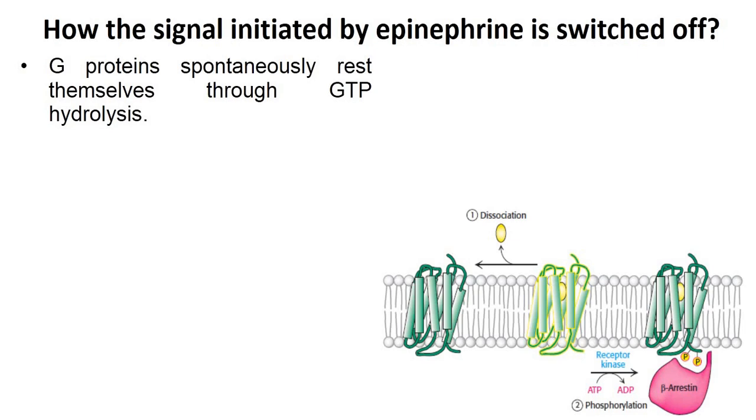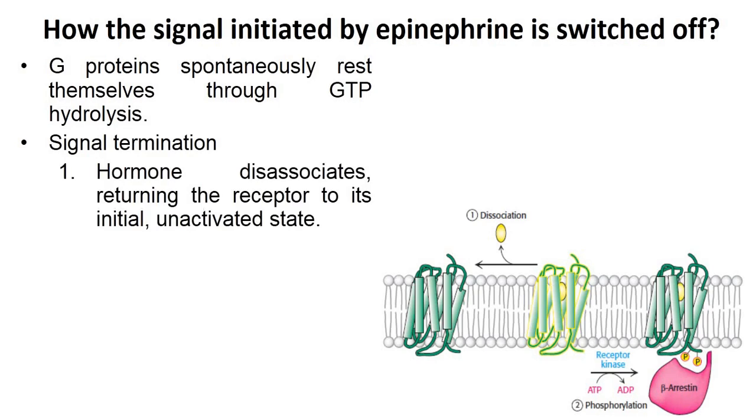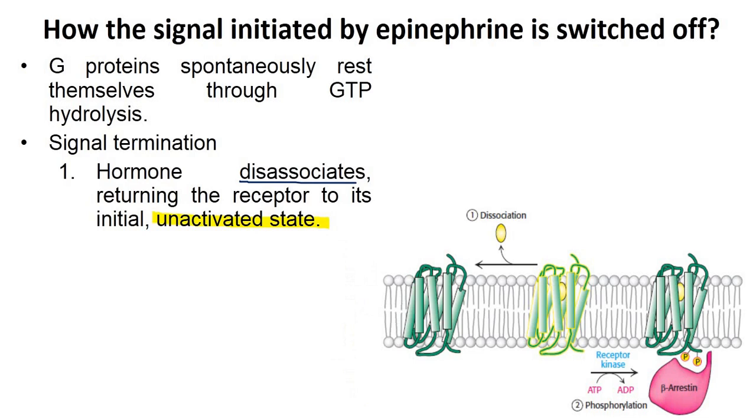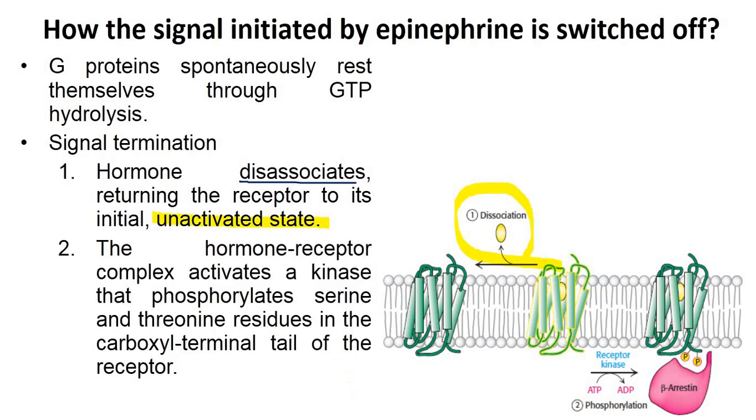And one of the important areas of dissociation: one is concentration, second is signal termination. So in signal termination, first, when the hormone epinephrine dissociates, it returns the receptor to the unactivated state. This unactivated state is favored by the hormone receptor complex activating a kinase that phosphorylates serine and threonine residues in the carboxyl terminal tail of the receptor.